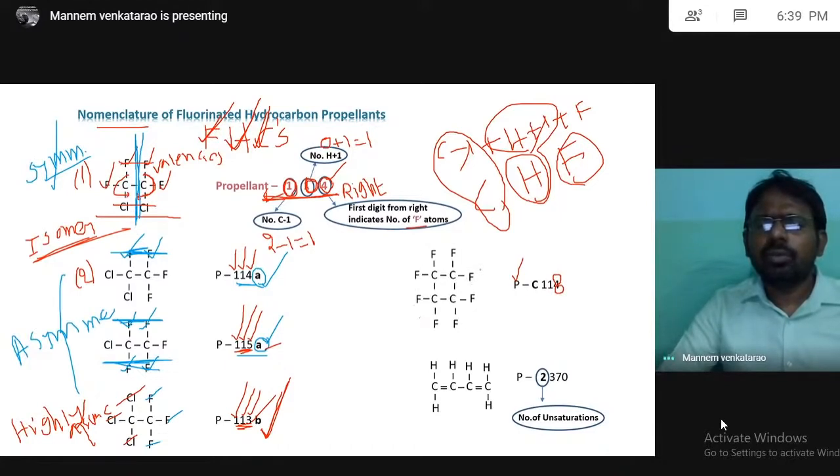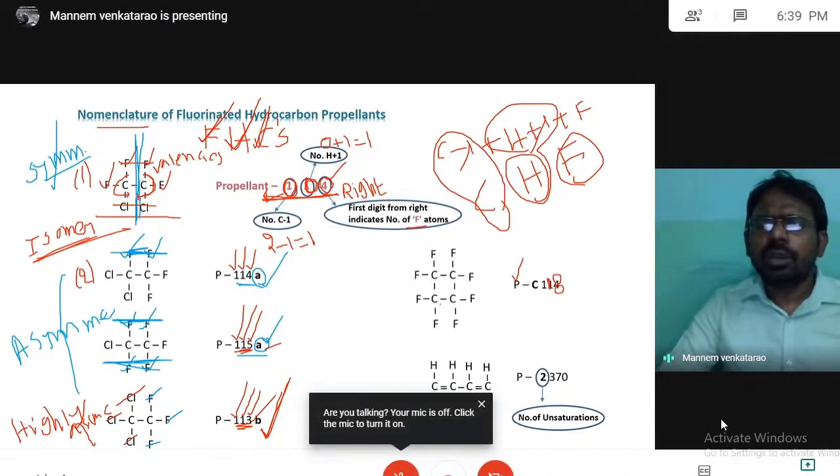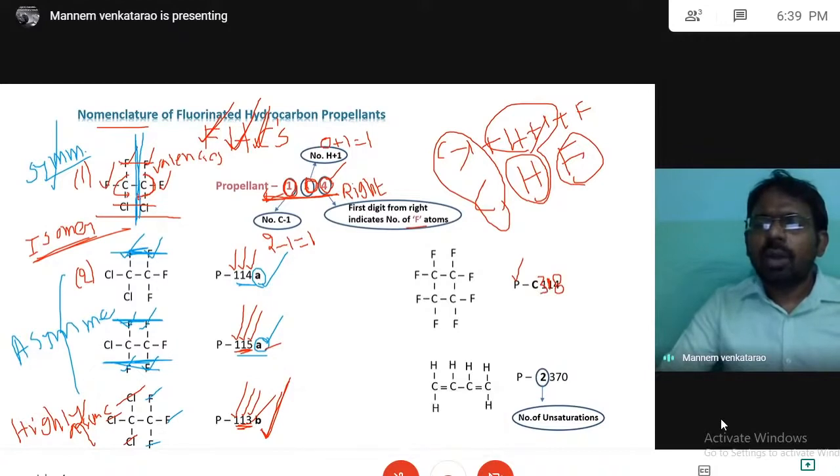Next, the number of hydrogens is 0. 0 plus 1, 1 completed. Number of carbons 1, 2, 3, 4. 4 minus 1, 3. That's why it is a 3. So this is propellant 318.